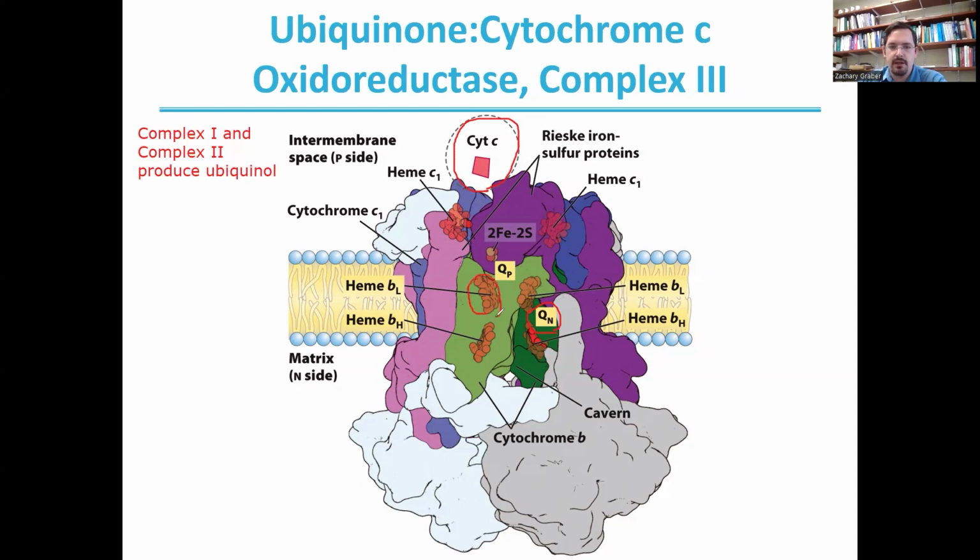We also have many different electron carriers, from our porphyrin ring heme groups to our iron sulfur centers, that will all act to transfer those electrons through to our cytochrome C, which will also contain, of course, that porphyrin ring heme group, but is contained inside of a soluble protein that will then carry those electrons to complex 4.